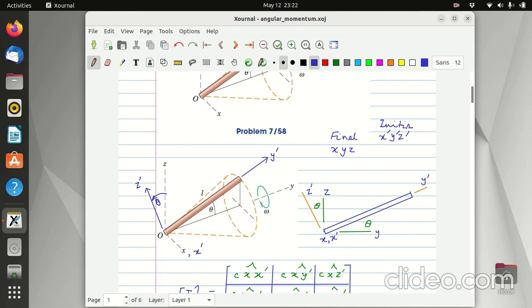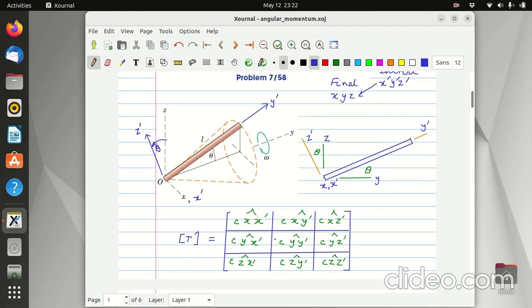We want to go from here to here. So the transformation matrix has the final x first: cos of x, x dashed, cos of x, y dashed, and cos of x, z dashed. Similarly y comes first: y x dashed, y dashed, y z dashed.